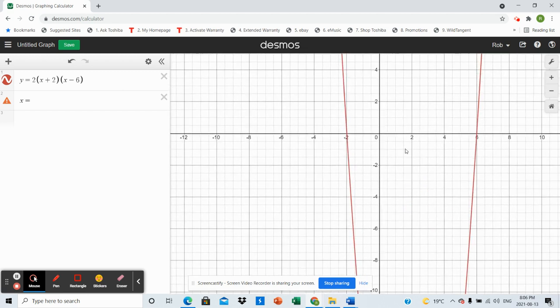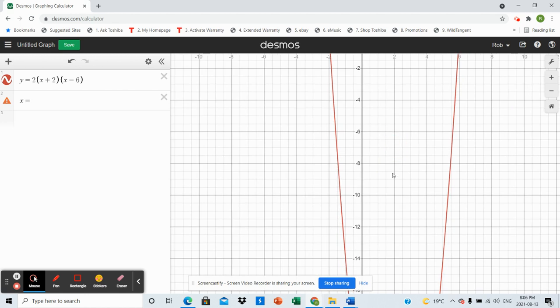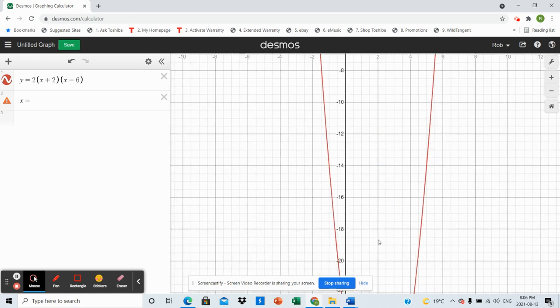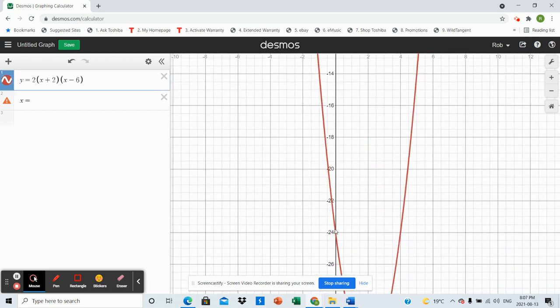our x intercepts were at minus 2 and positive 6, and we can see minus 2, 0, and 6, 0. And it said our y-intercept was going to be at 0, minus 24. So if we keep scrolling down here, oh, look, 0, minus 24.